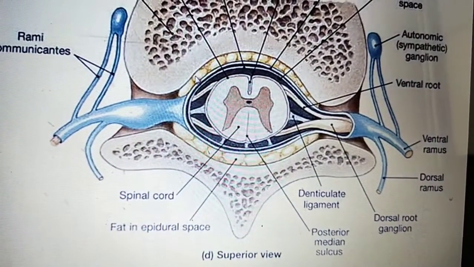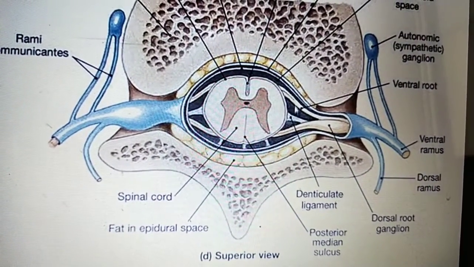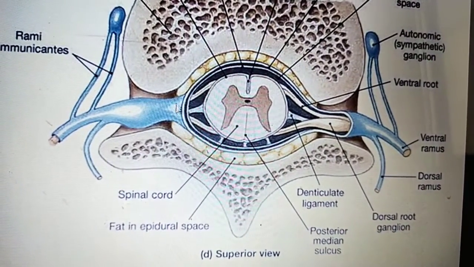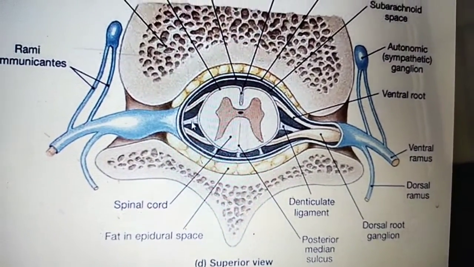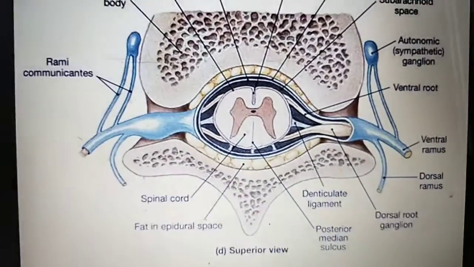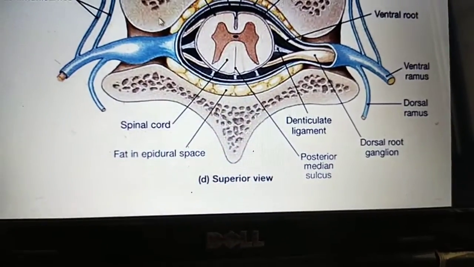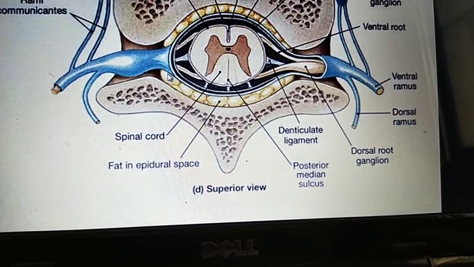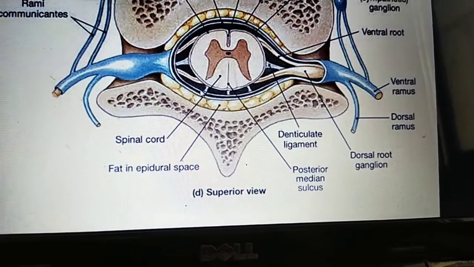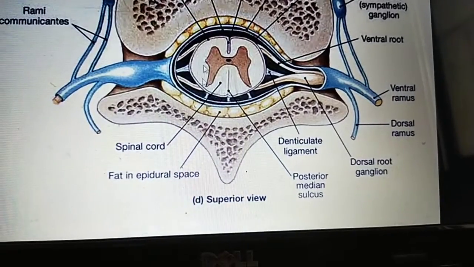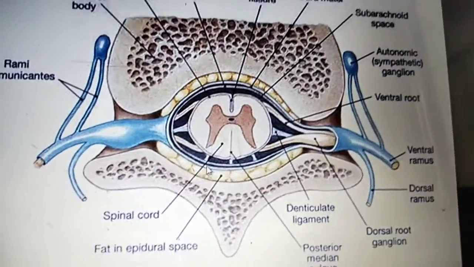Here you can see a somewhat yellow structure. It is completely filled with fat. This space filled with fat is the epidural space, and it is filled with fat and blood vessels. Its function is like a cushion to the spinal cord.